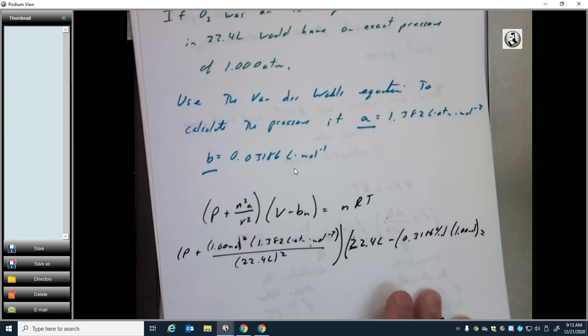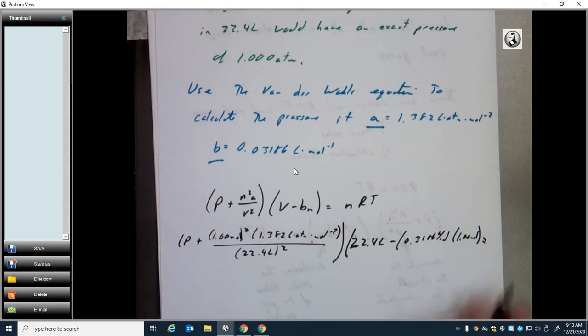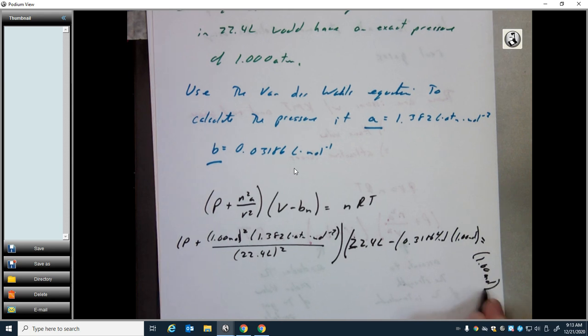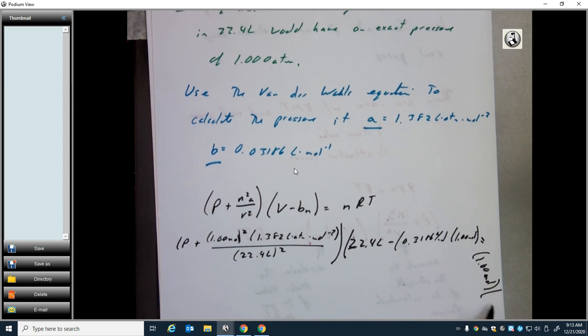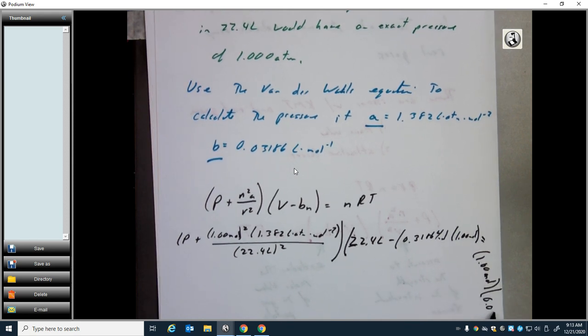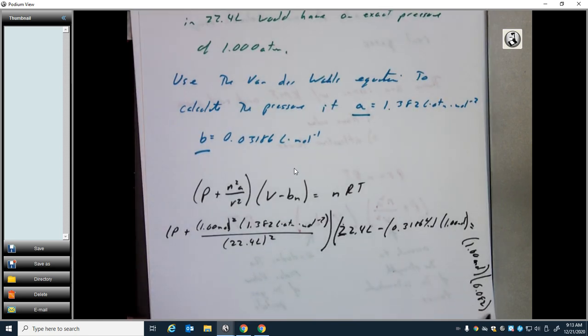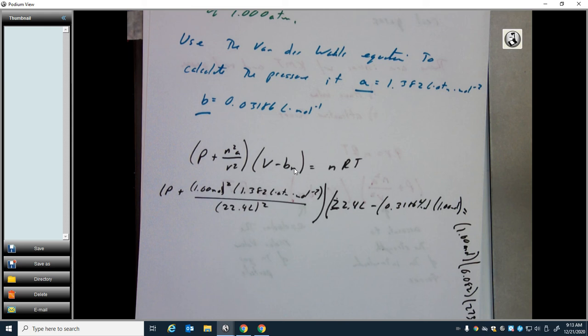That equals n, which is 1.00 moles, times R, or in atmospheres, 0.0821, so we'll just use 0.082, times 273 K. Wow, that's a pain in the butt.